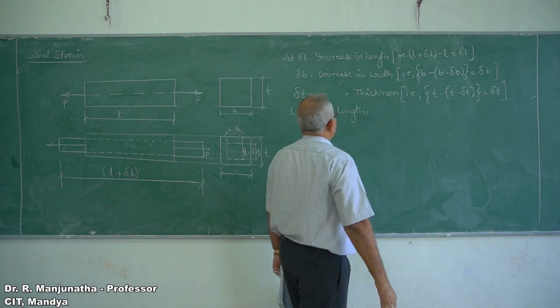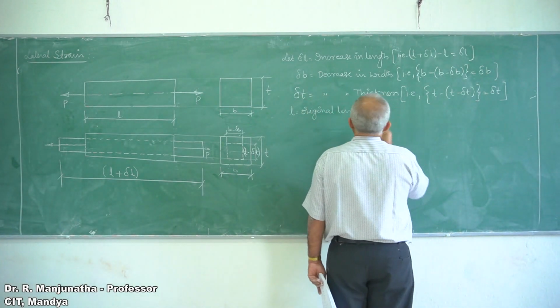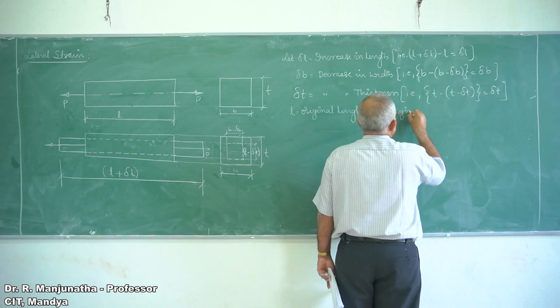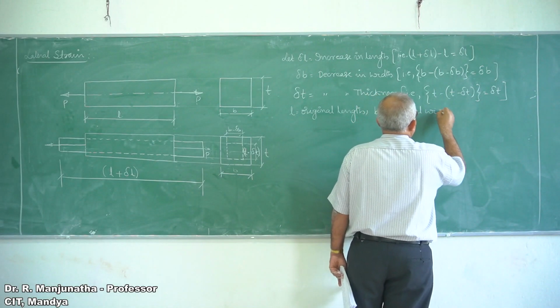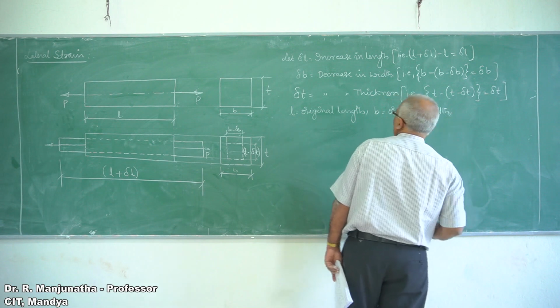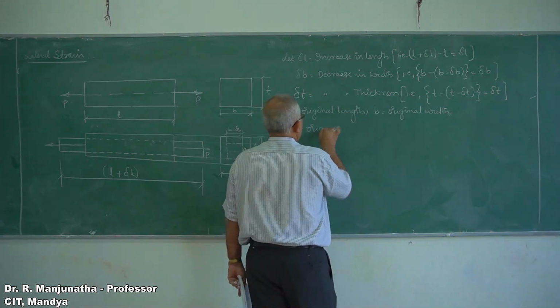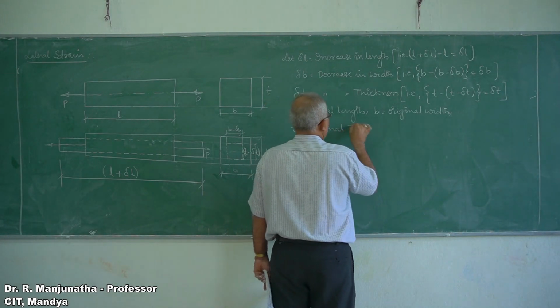Then B is the original width and T is the original thickness.